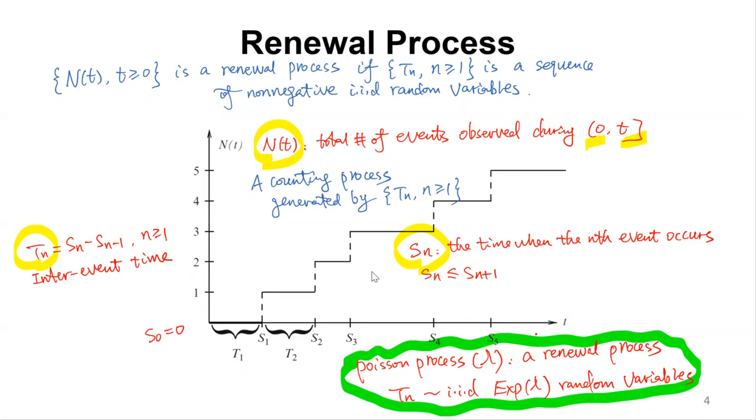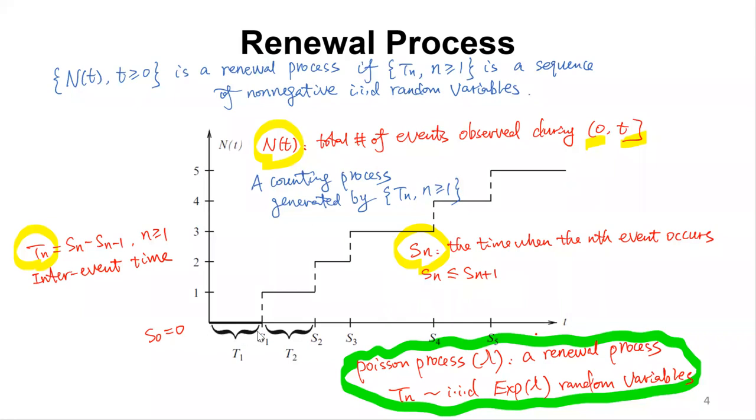Okay. So let's have a look at this figure. You will have a better idea. The x-axis is time. So over time, you see this is the first event. So you have one event. Sn is the time when the nth event occurs, Sn less than or equal to Sn plus 1. So this is S1, S2, S3. S0 equals 0.